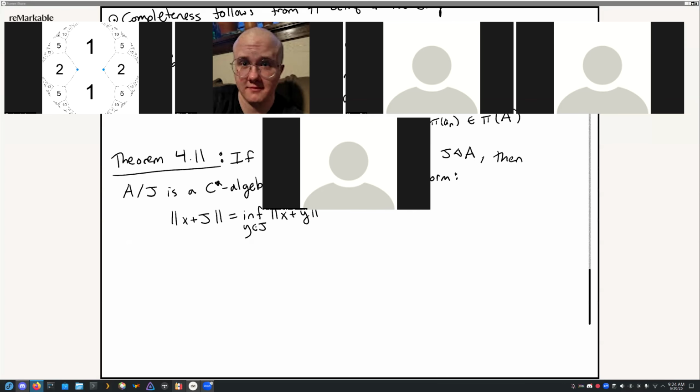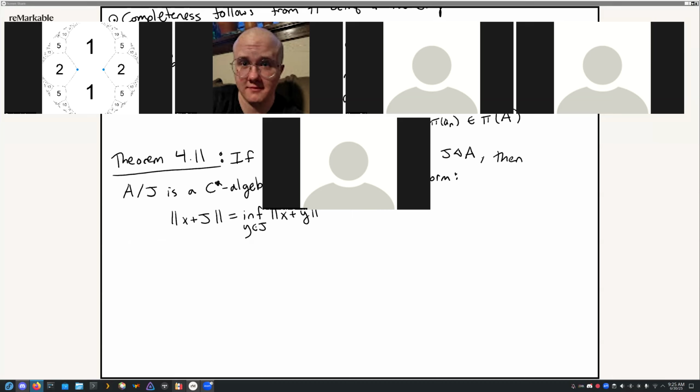So general functional analysis gives you that A mod J is at least a Banach algebra, and then if it's closed under star, then you get that it's a Banach star algebra.